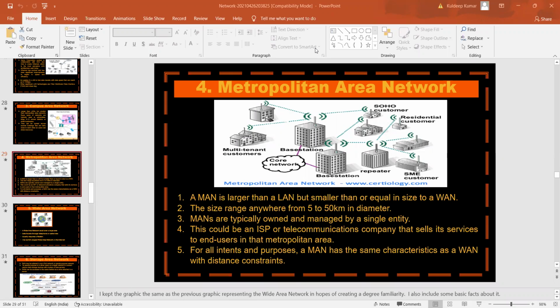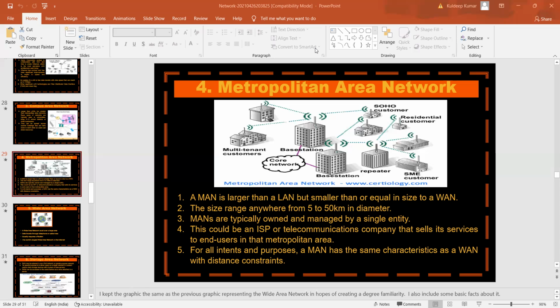At that time, antennas were placed, wires were connected, and cable was transferred to each and every house in a city. This is because of MAN network. MANs are typically owned and managed by a single entity. This could be an ISP or a telecommunication company that sells its service to end users in the metropolitan area.